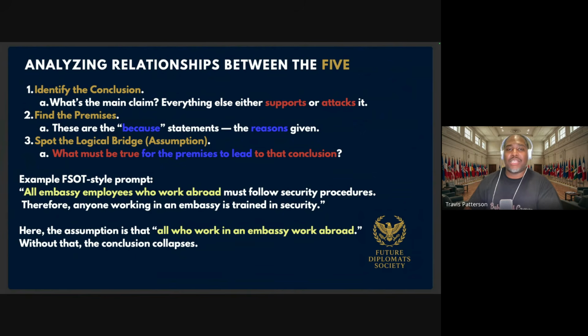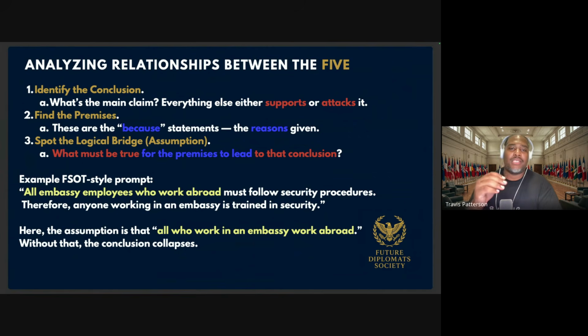Then spot the logical bridge. This is the assumption that links those premises to the conclusion. If that bridge collapses, then the argument collapses as well. So here's an example. All embassy employees who work abroad must follow security procedures. Therefore, anyone, and I mean anyone, working in an embassy is trained in security.